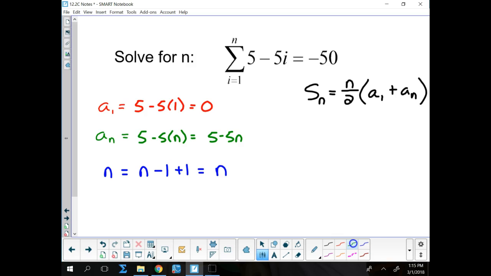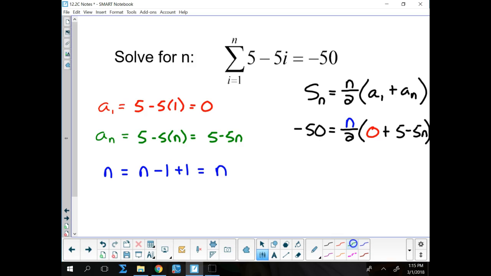Do I know what this sum is equal to? Negative 50. Do I know what my number of terms is? n. Do I know what the first term is? Do I know what the last term is? 5 minus 5n.